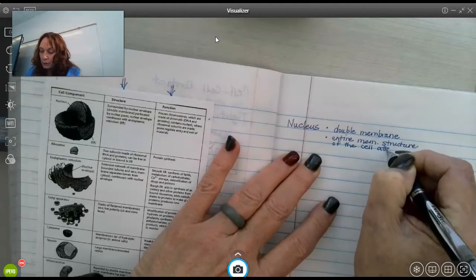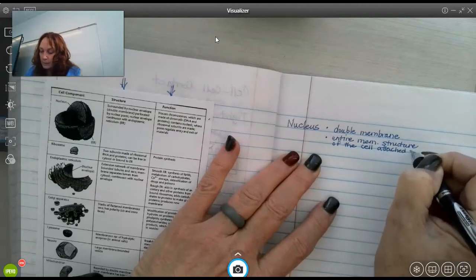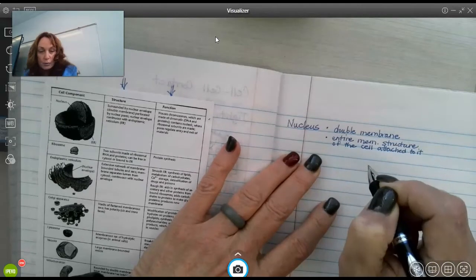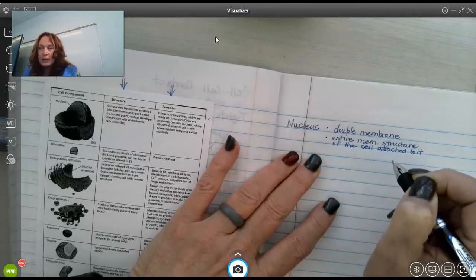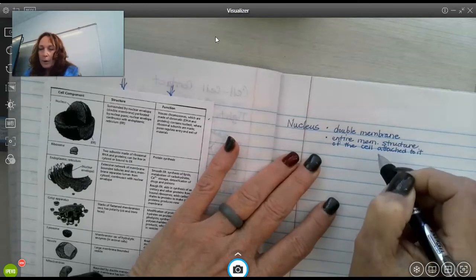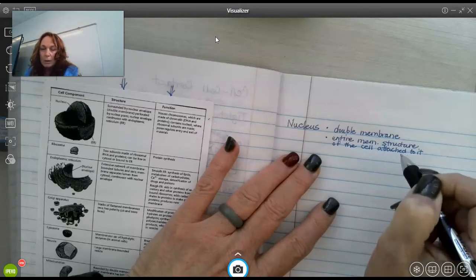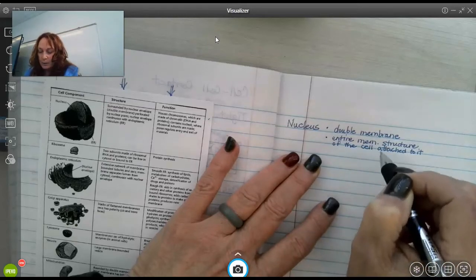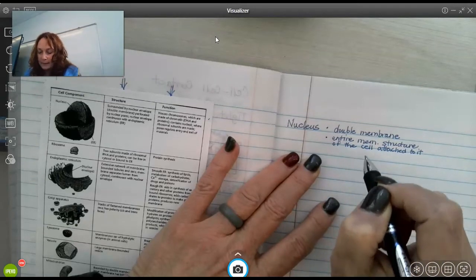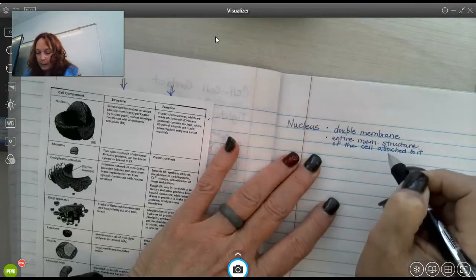is attached to it. You know, sometimes we get kind of crazy with these fancy words. We want to say continuous and all of that. We just need to speak clearly. The membrane of the whole cell is attached to the nucleus. There's a reason for that. It's transport. It makes it all flow better.